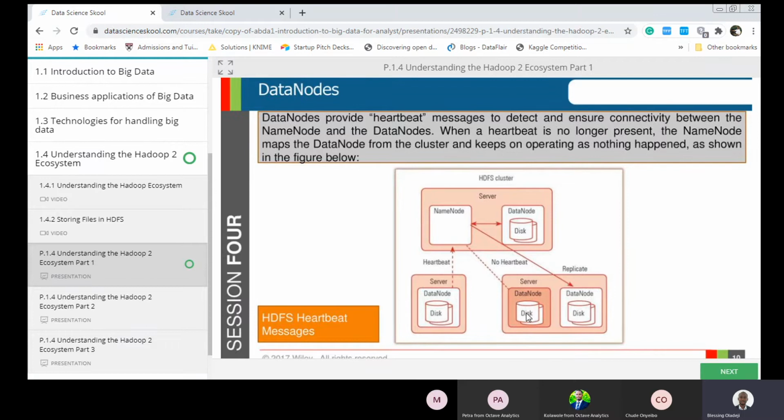So anytime I'm looking for data on this disk, I just know that this disk is not available. I cannot find the data on this disk, except if there's a replica of the data on another disk. I'll know, okay, don't look for it on this disk because it is not available. Go and look for it in this other disk because this other disk has the replica. That explains the diagram. Does that make sense?